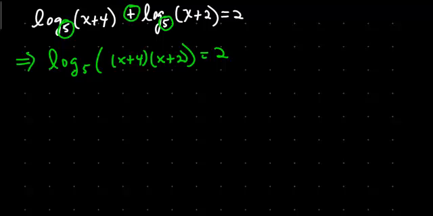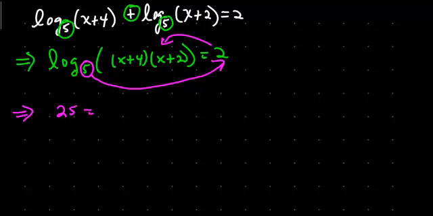And now, definition of a logarithm: 5 squared equals that which is inside the logarithm. So that's going to give me 5 squared, which is 25, equals (x plus 4) times (x plus 2).